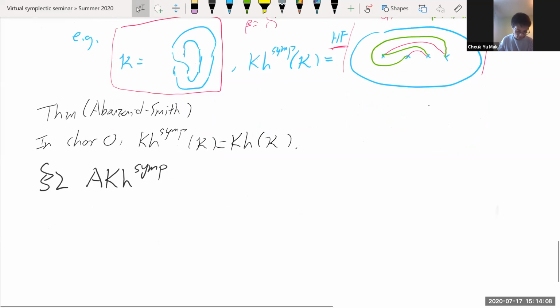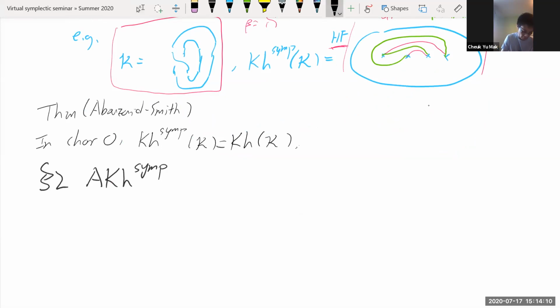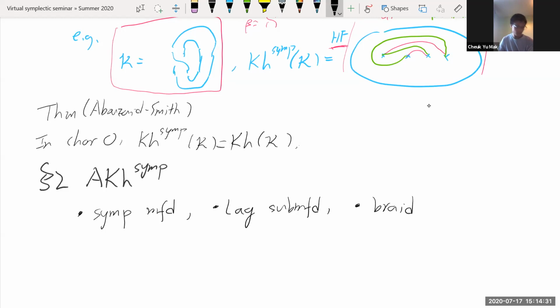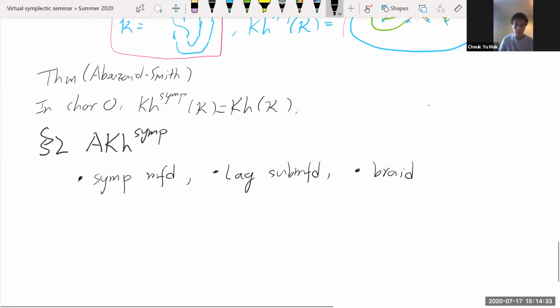So, similar to the symplectic Khovanov homology, to define the annular symplectic Khovanov homology, we need the data of the symplectic manifold, a Lagrangian submanifold, and also the data of the braid.